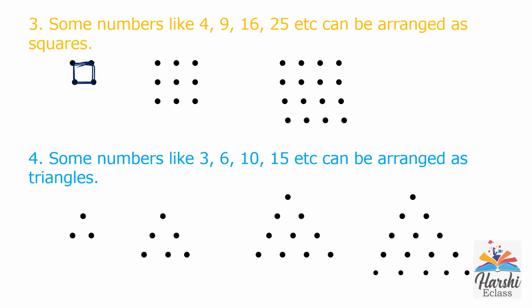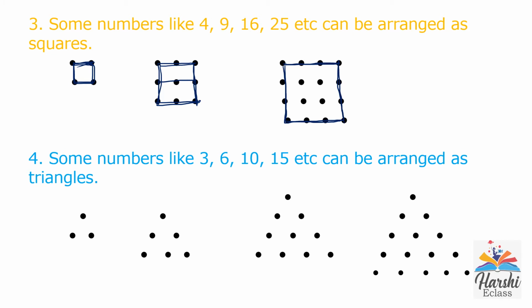Next 9. 3 dots in one row, 3 dots in another row, 3 dots: 3 rows and 3 columns. Next 16. 4 rows and 4 columns.